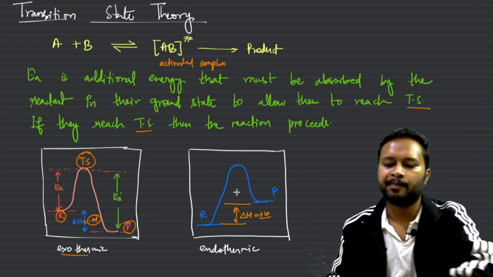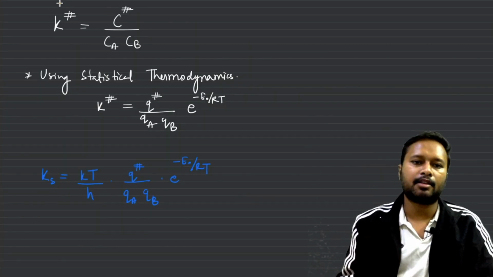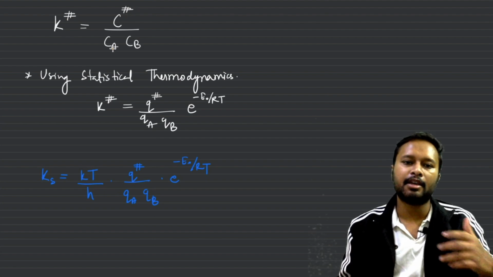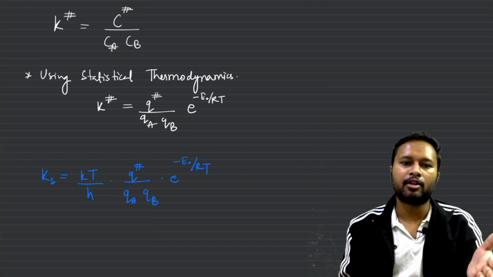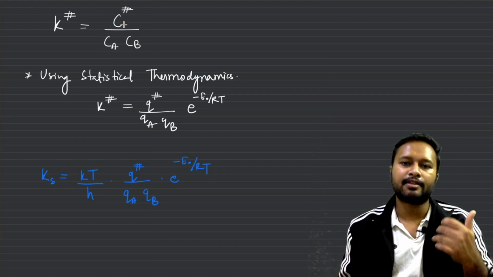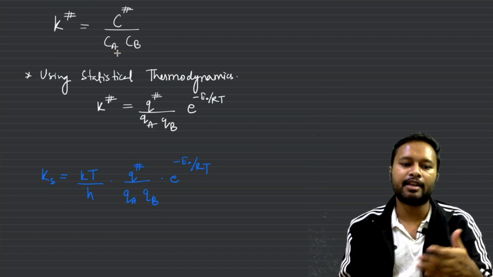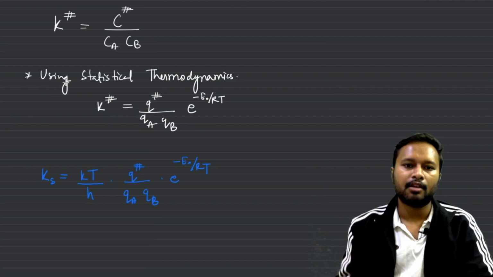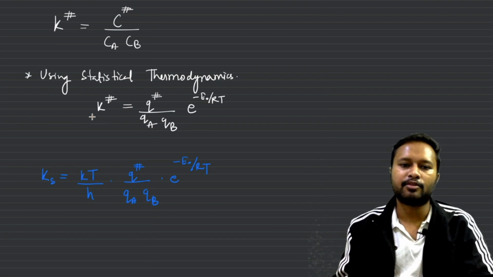The rate constant for your activation step is given as the concentration of your activated complex divided by the concentration of the reacting molecules, like the concentration of A and the concentration of B. So C# is the concentration of the activated complex, Ca is the concentration of A, Cb is the concentration of B. Now if you use statistical thermodynamics, you can find out the rate constant for the activated complex.